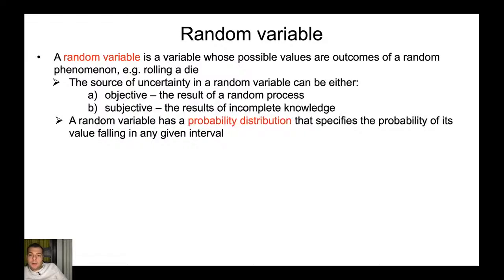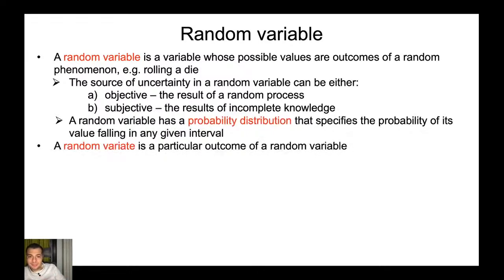Okay, so usually a random variable has an associated probability distribution that specifies the probability of its values falling in any given interval. And a particular outcome of the random variable is called a random variate.